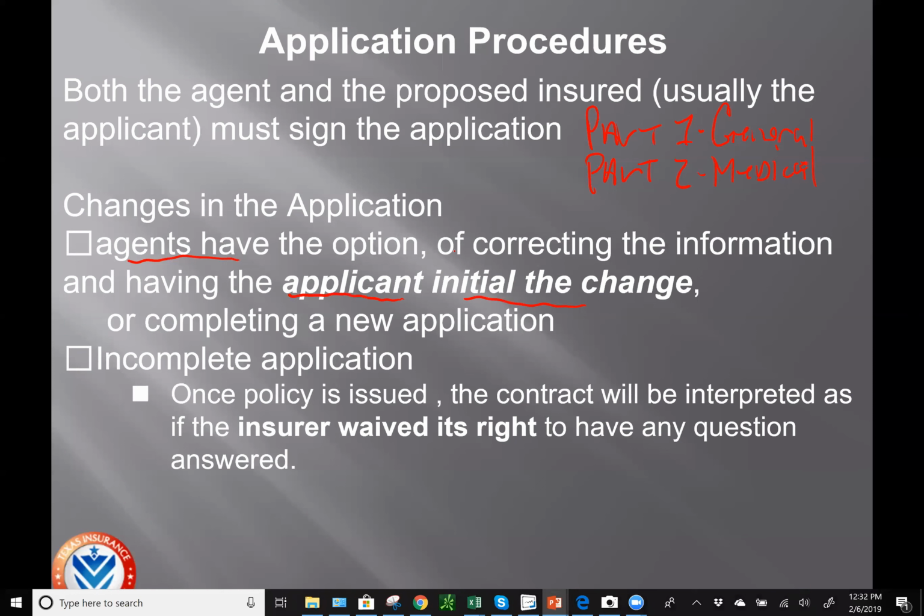We're not going to pay a death benefit. No, so here's the key. The consequences of an incomplete application will be that the company will have waived its right to ever have that question answered once the policy gets issued, and they cannot deny a claim because of the incomplete application. They have waived their right.